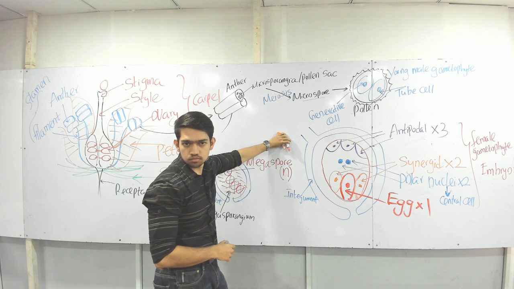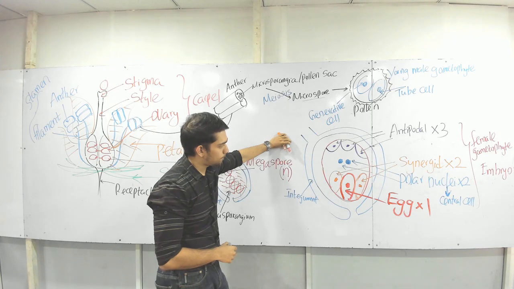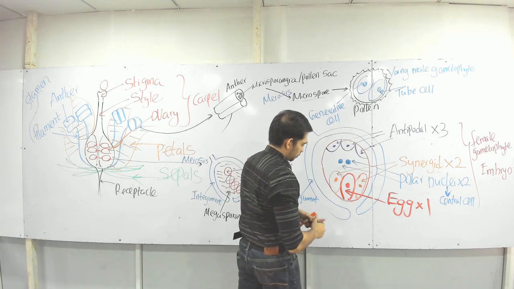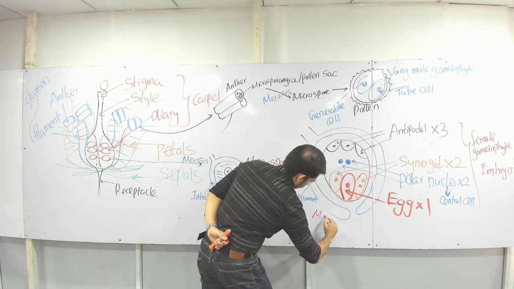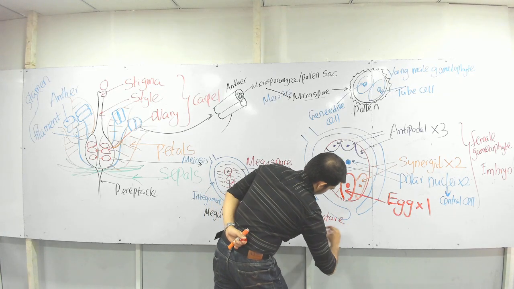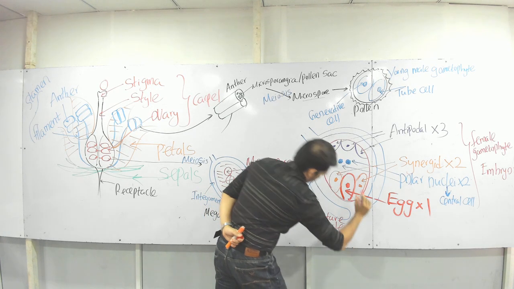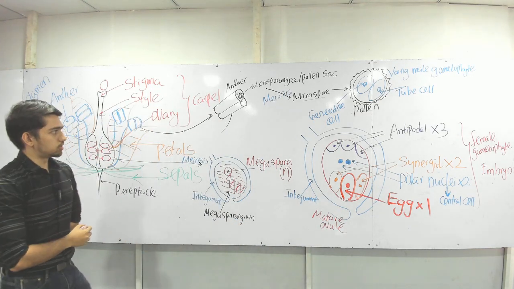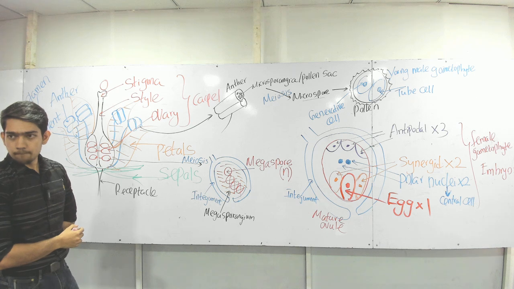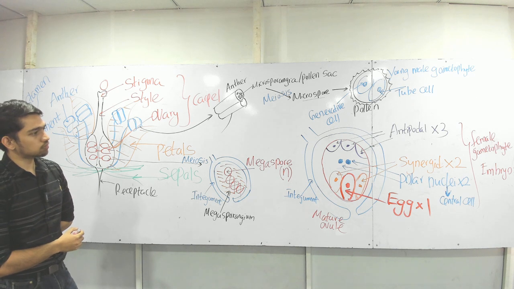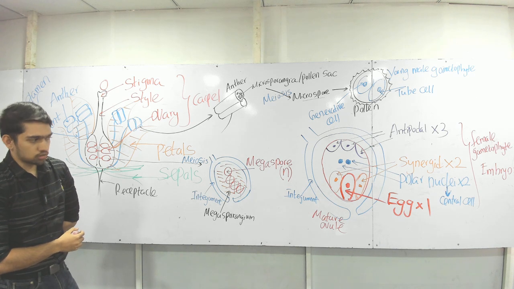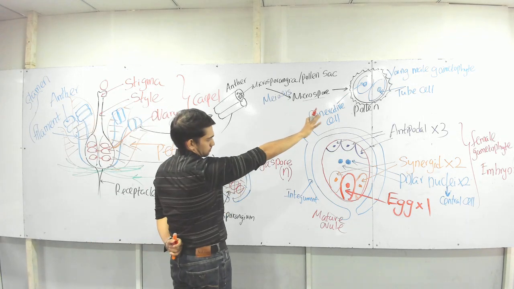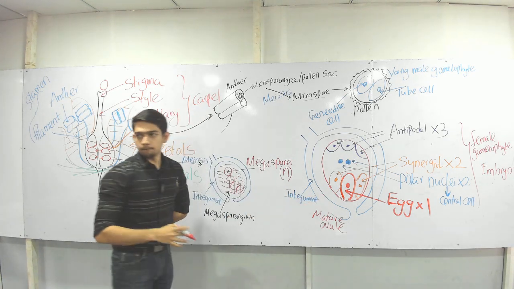Embryo sac. Female gametophyte. This is the mature ovule. So what is left to be done? The pollen grain is ready. The ovule is ready.